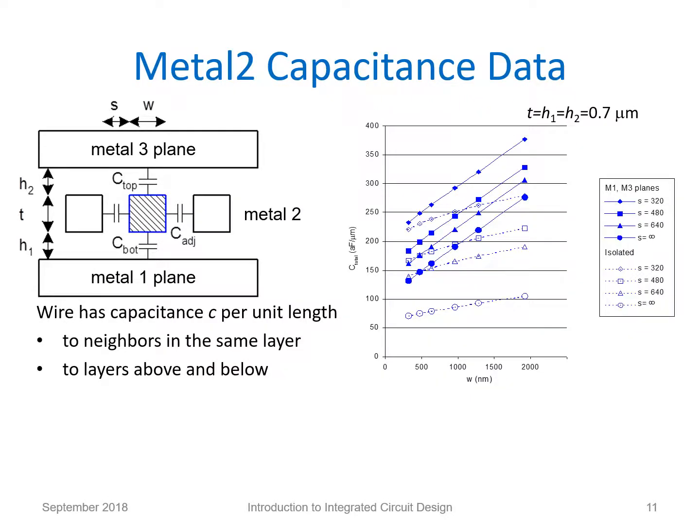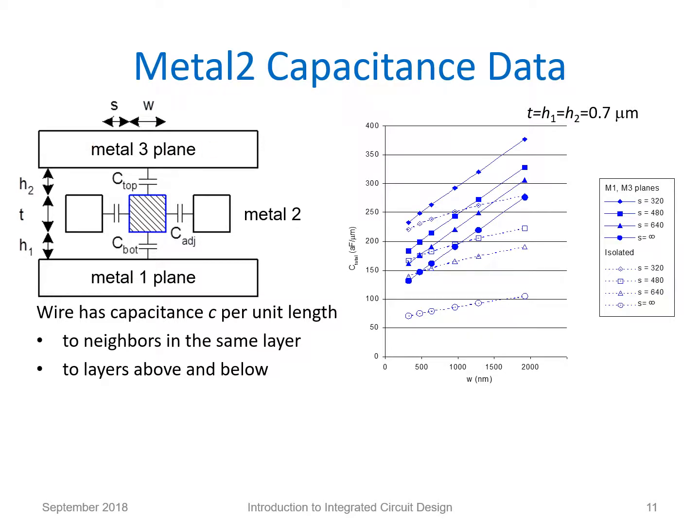As you certainly understand, the capacitance of a wire strongly depends on its environment, as is also shown in this right-hand graph, where the total capacitance is plotted versus the wire width. For two different cases, one case indicated by dashed lines is for an isolated wire, and another case indicated by solid lines, where the wire is between a metal 1 plane and a metal 3 plane.